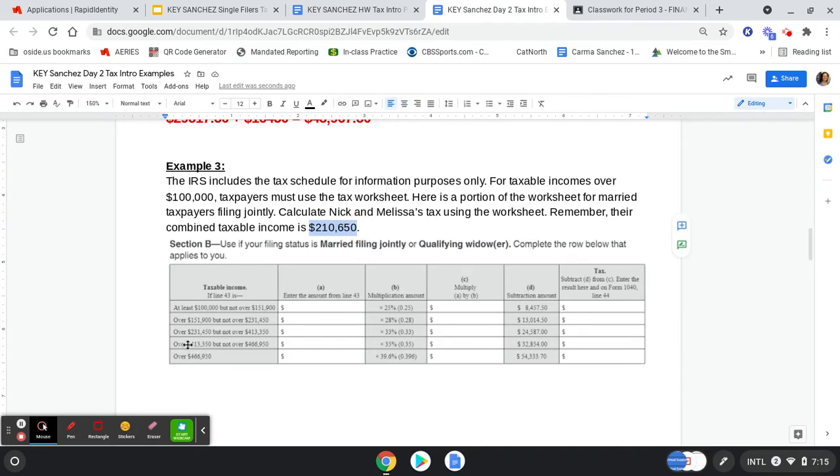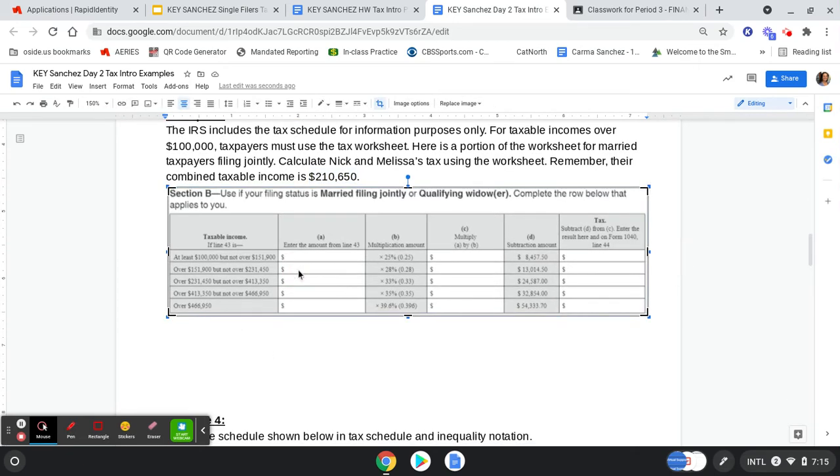210,650, do you see that that's going to fall right here in the second row? And if I follow that over, it says plus 28% of the amount over the 151. And so it says to enter, first it says to enter the amount from line 43.